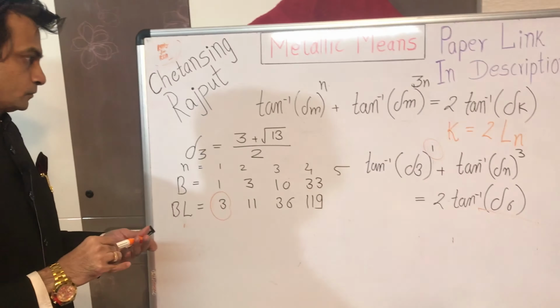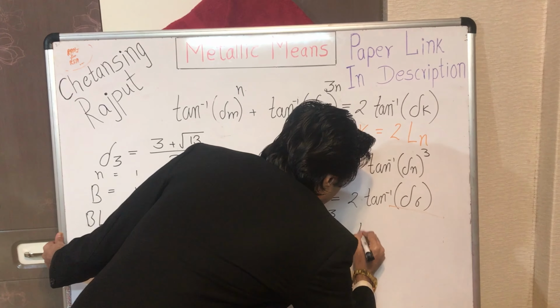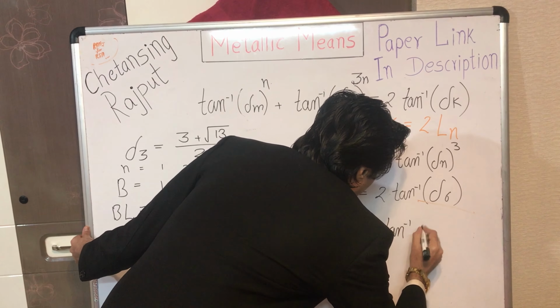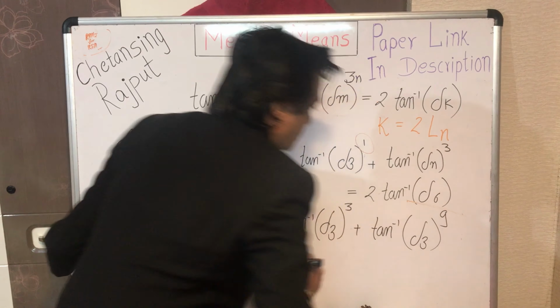Let's take another example. Arctangent of, this time, the cube of the bronze ratio plus arctangent of 3n, meaning the 9th power of the bronze ratio, will give us the precise value of twice the arctangent of the 72nd metallic ratio.